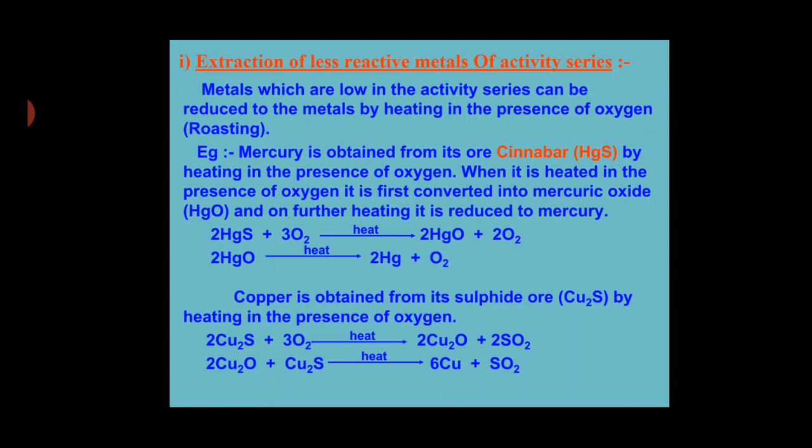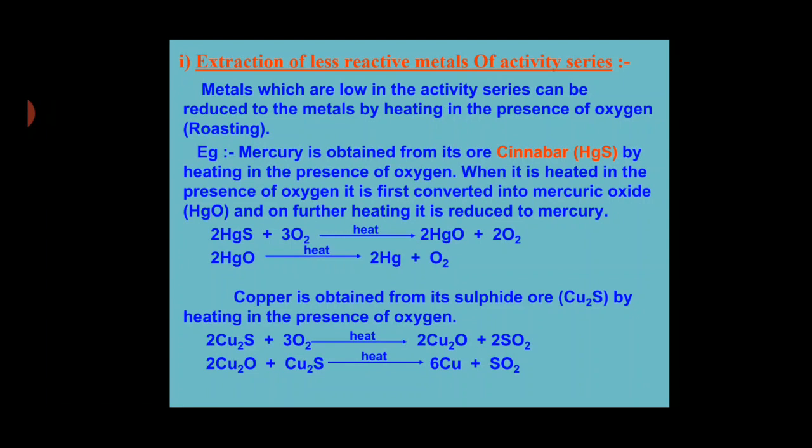In this process we convert sulfide ore into oxide ore in the presence of sufficient oxygen. By heating sulfide ore in the presence of oxygen, it gets converted into oxide ore, and then it is heated again at a higher temperature, and we are able to get a purified form of metal. Then that metal undergoes the refining process and we get molten pure metal.